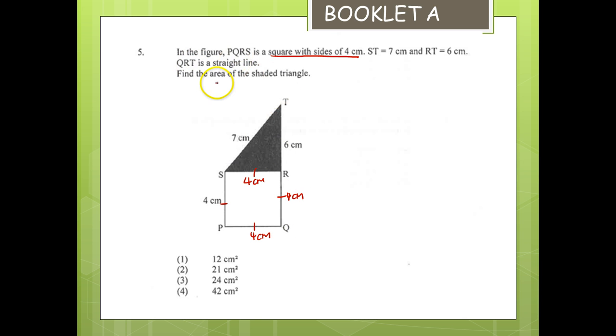What is the area of the shaded triangle? To find the area of the shaded triangle, first I know that this is my right angle. So it's half times base times height. So half, my base is 4 and my height is 6. So the answer is 12 cm square. Option number 1.